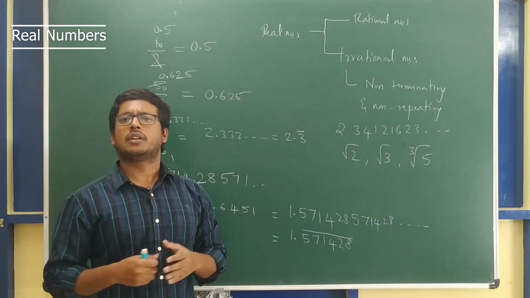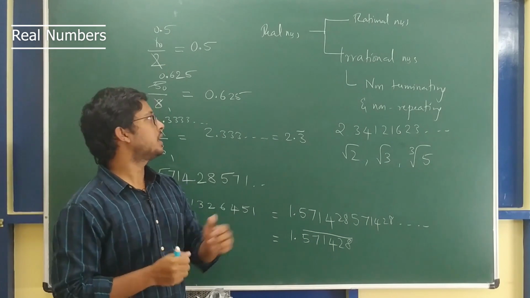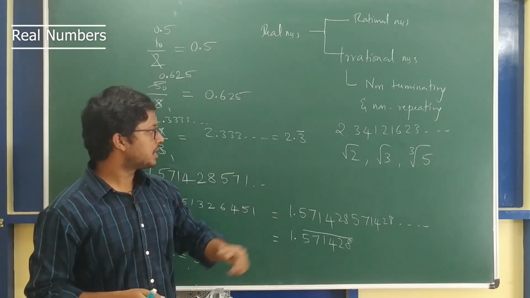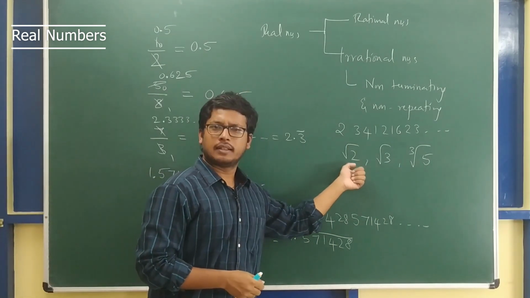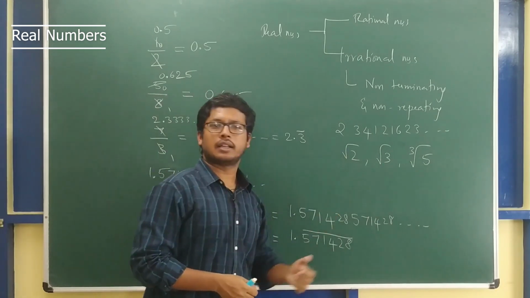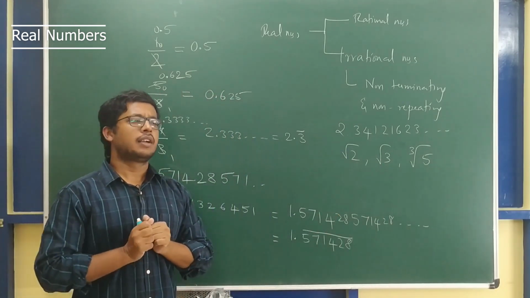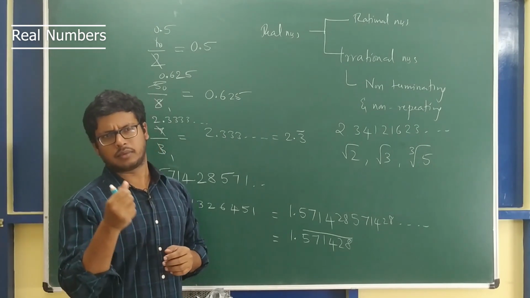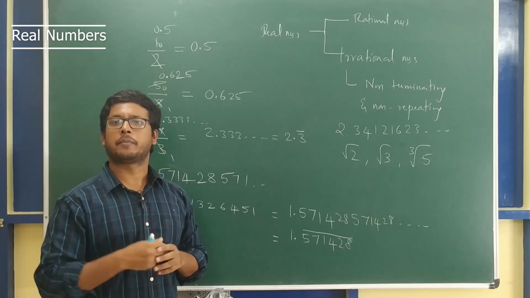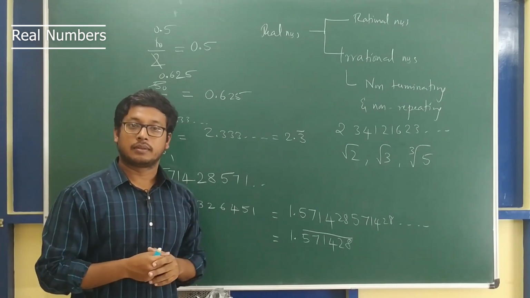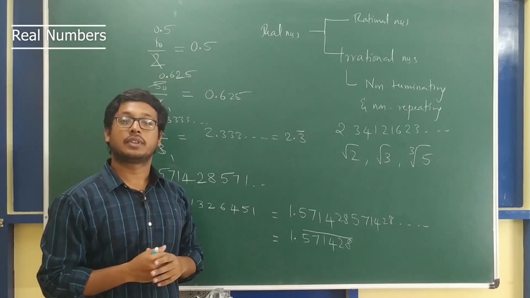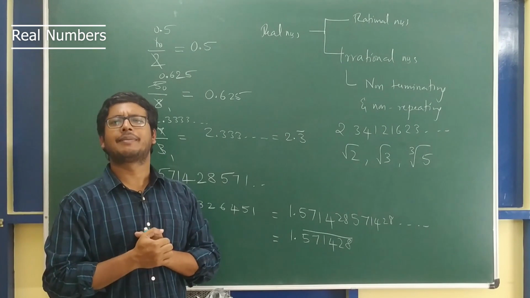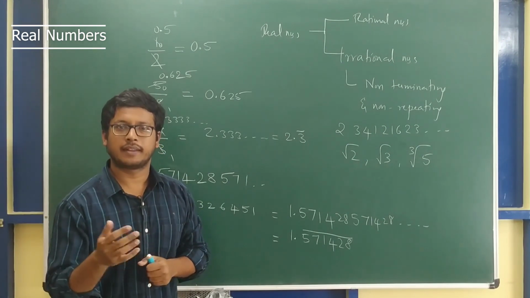In this chapter we are going to deal with the properties of real numbers, and we are going to prove that these numbers are irrational. We are also going to study one important theorem called Euclid's division lemma, which is an extremely effective theorem in the field of maths. We are going to study them very shortly.